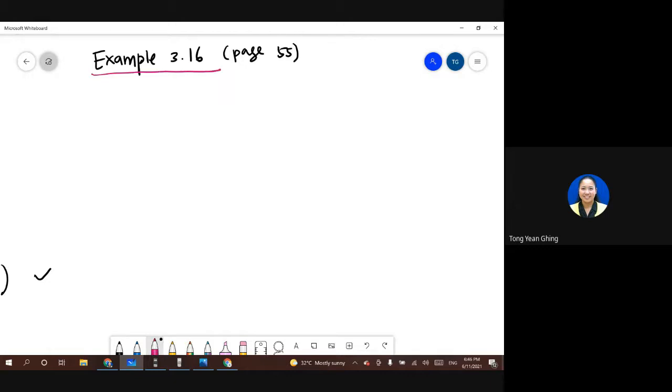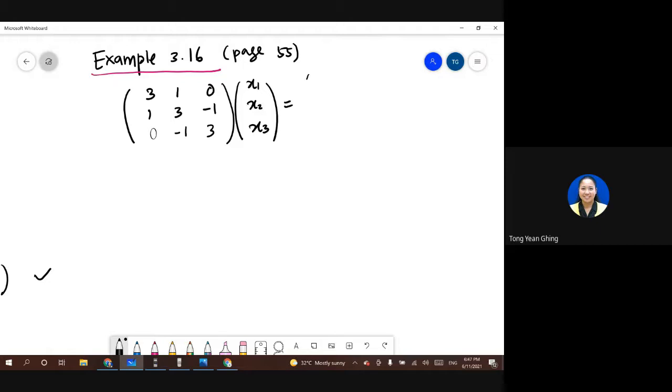Basically it is the same matrix as what we did just now. Solve the system of linear equations below using the Cholesky method, with X1, X2, X3 equal to 1, 2, 4.